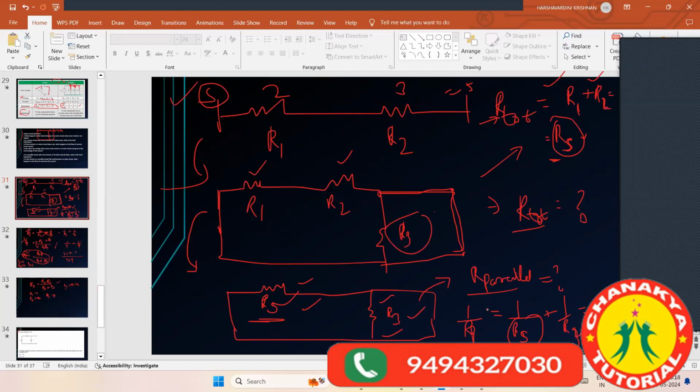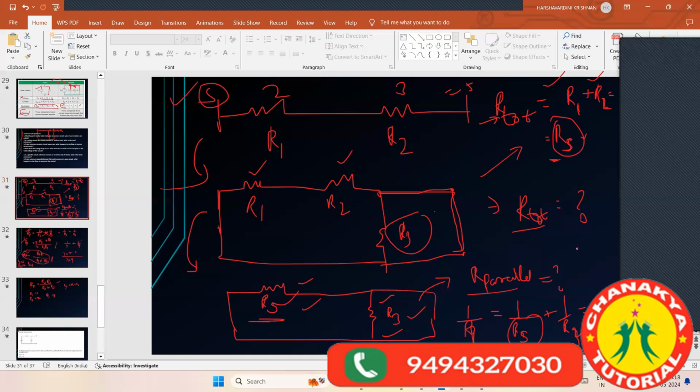So I want RP. How to get RP? This is the 1 by RP value. So if I want RP, I have to make the up and down flip. I understood this step, you're saying.